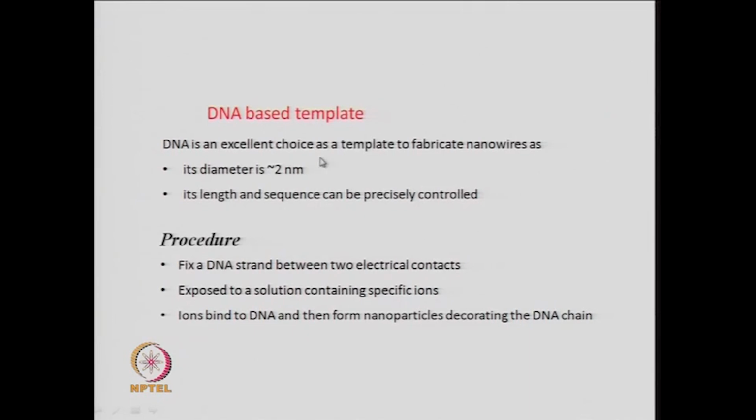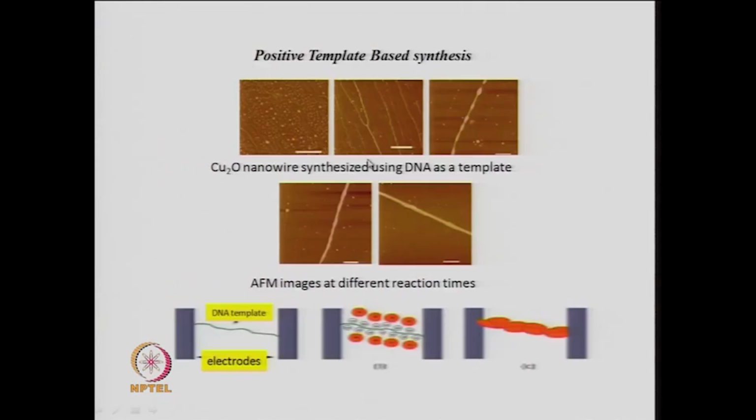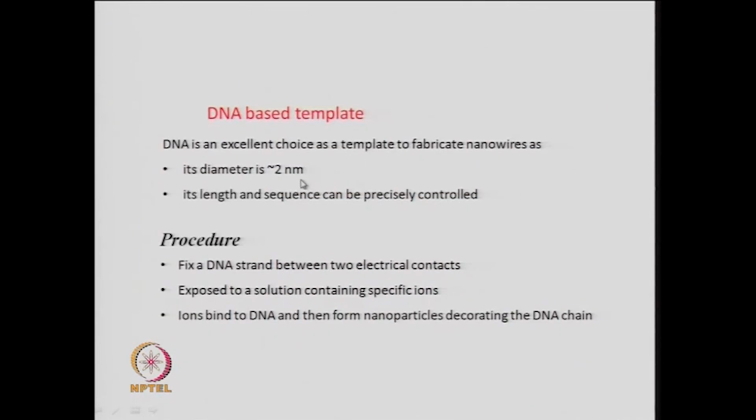DNA is an excellent choice as a template in many cases. The diameter of a DNA is approximately 2 nanometers, that is 20 angstroms, and the length and sequence of the DNA can be controlled.